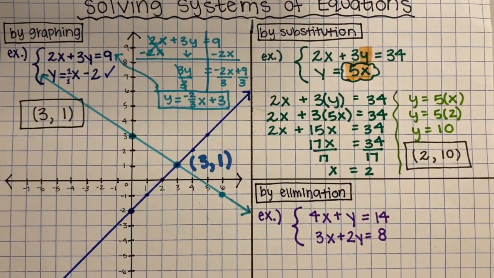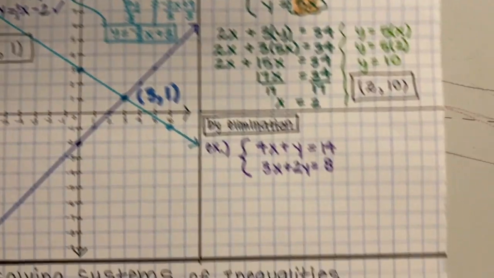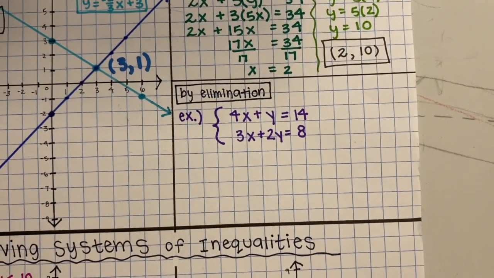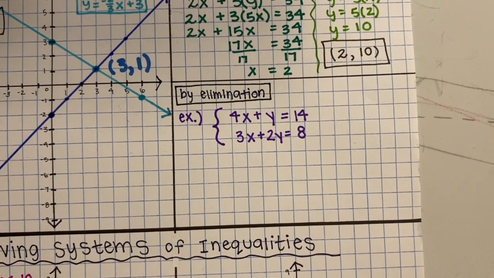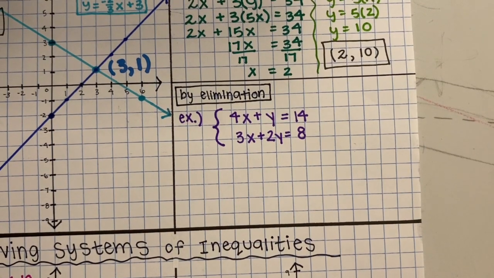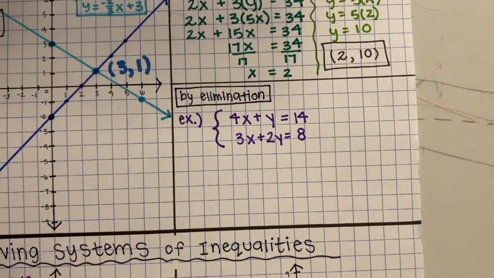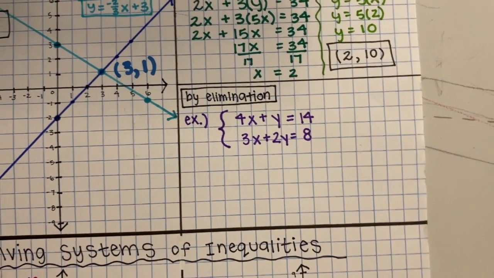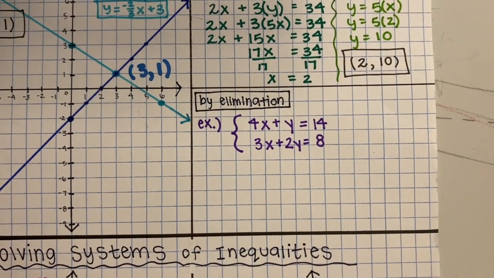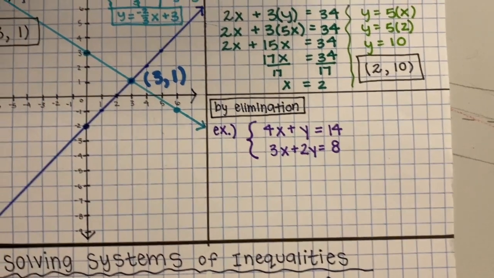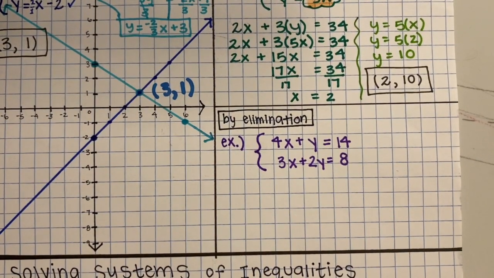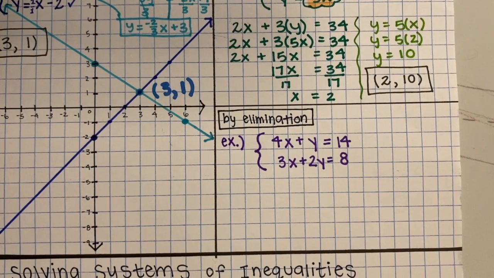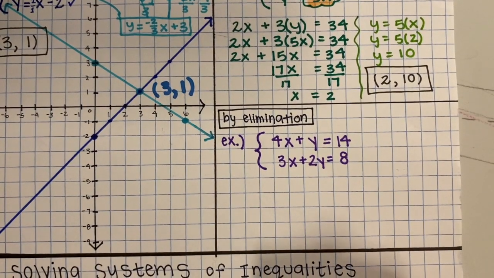The last way of solving systems of equations is by elimination. Elimination is easy to do when both of your equations are in standard form, but if they're not, I would just recommend another method because it's easy to underthink elimination.